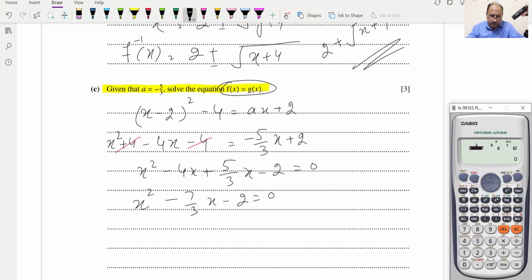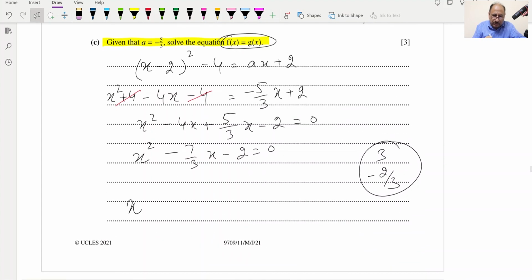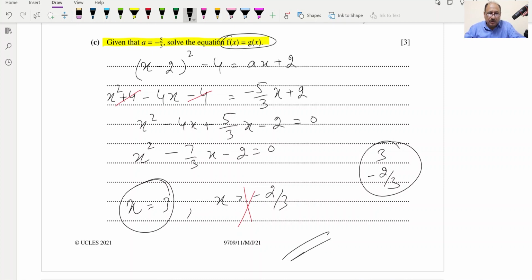The coefficient of x squared is 1, the coefficient of x is minus 7 over 3, and the constant value is minus 2, and this will give us 3 and minus 2 over 3. These will be the x values. So x is equal to 3 and x is equal to minus 2 over 3. The negative value we will be rejecting, and x equal to 3 will be our final answer. Hopefully you understood this.